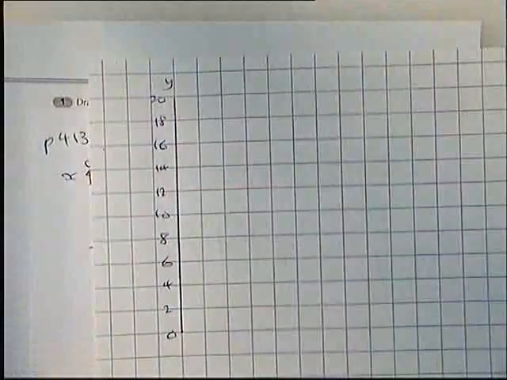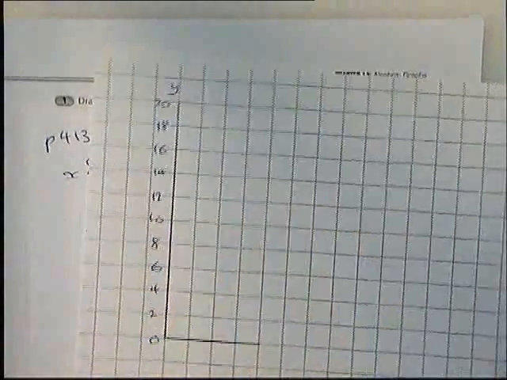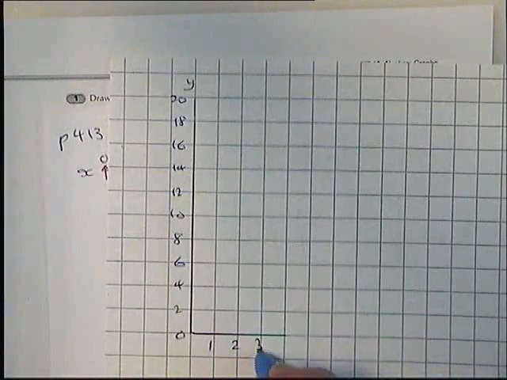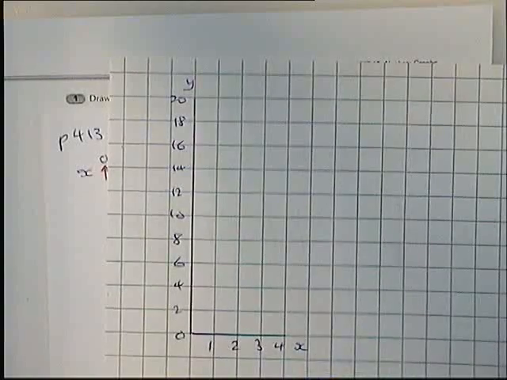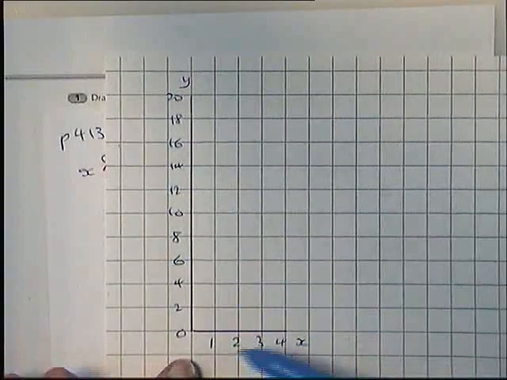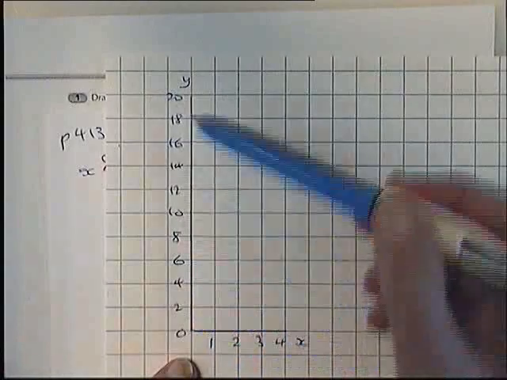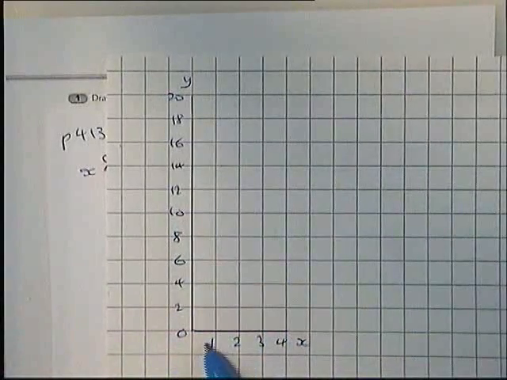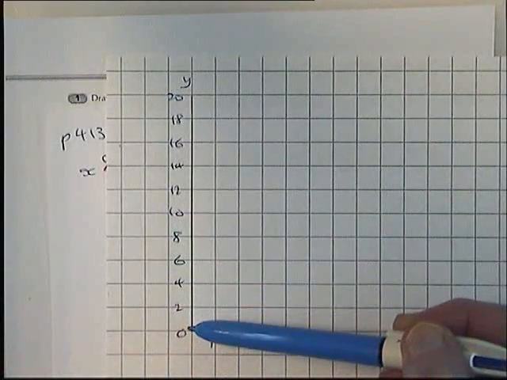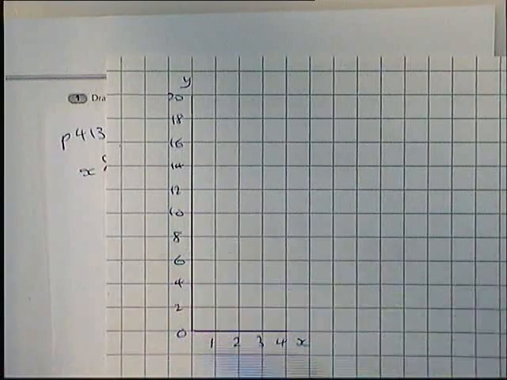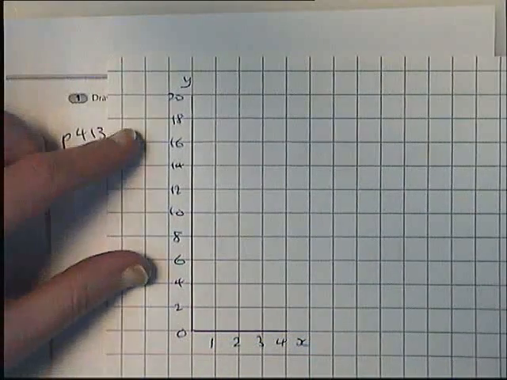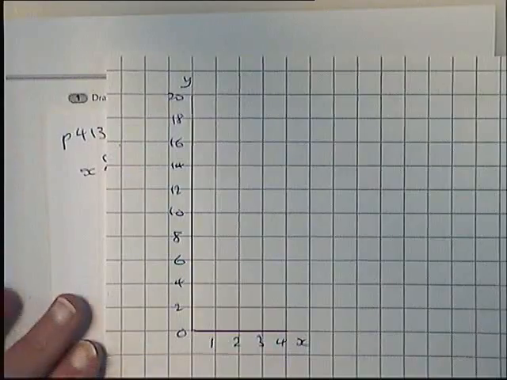Those are your y numbers. And then go along here, squares for your x numbers. You don't have to use the same scale going along as going up. Here I've used 1 square for each number. Here I've used 1 square for 2 numbers. You don't have to have them the same up the side as you do along the bottom.